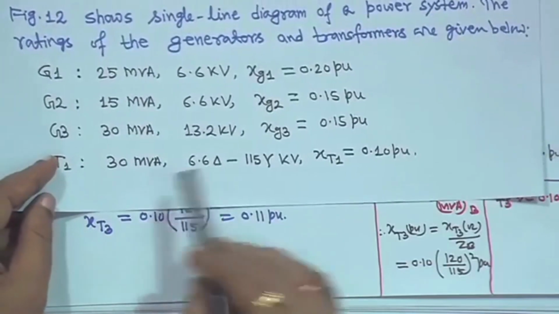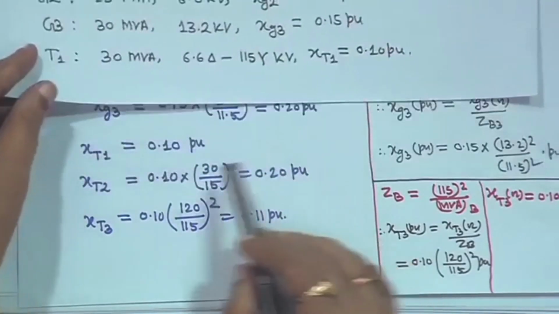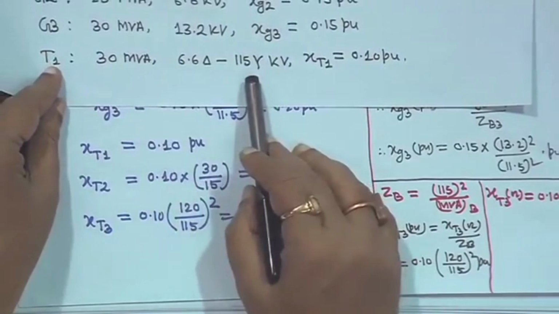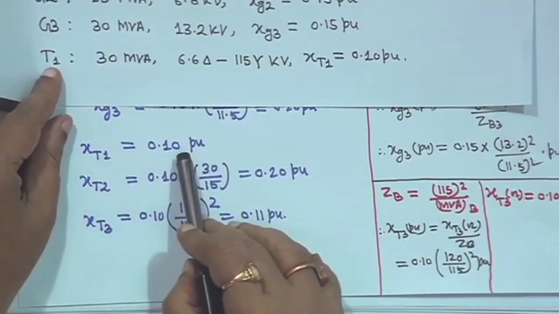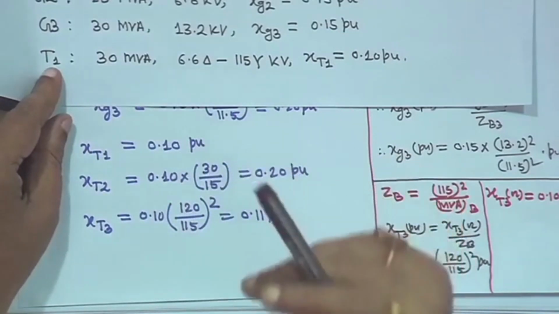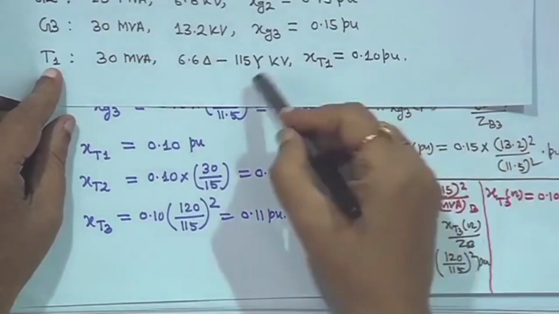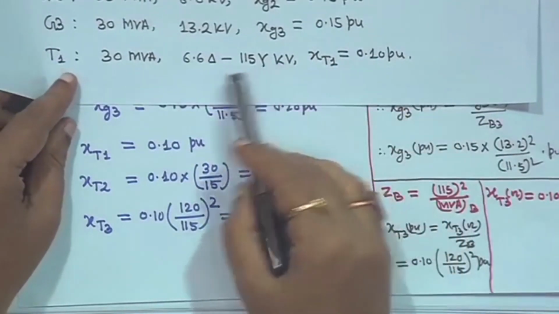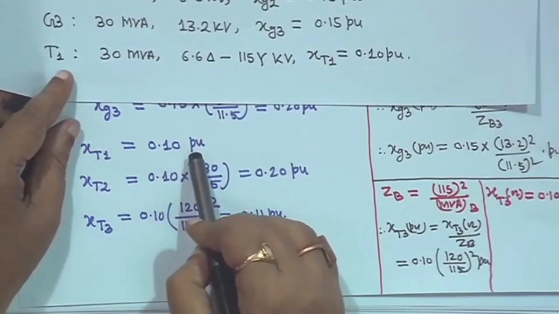This transformer T1 has 115 on the line side. Transformer T1 will remain the same, because the base voltage is 6.6 kV on the primary side and the secondary side is 115. So, there is no change for transformer T1, it will remain as it is.